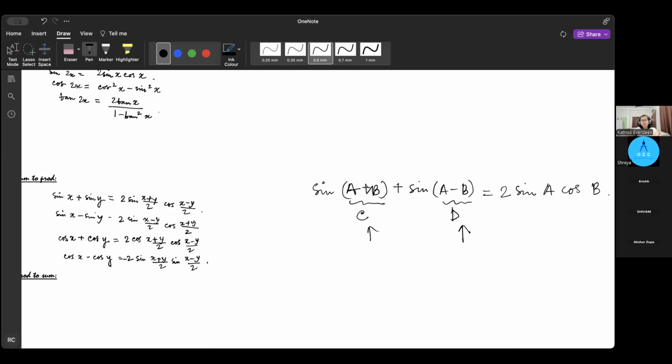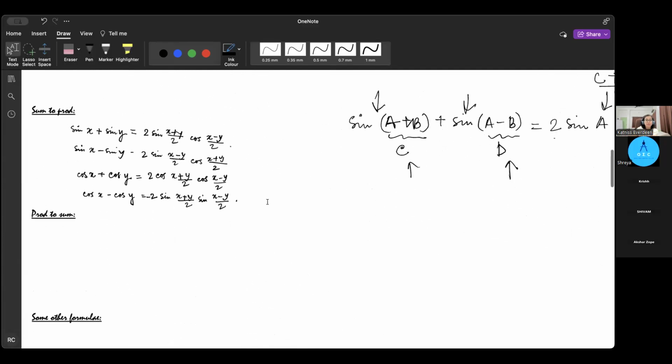So if you do that, then you'll get sine C plus sine D's formula in terms of 2 sine something, cos something. If you solve for A and B in terms of C and D, A is going to be equal to C plus D by 2. This is very easy, you can just check it in a minute. And B is going to be equal to C minus D by 2. So that's essentially the way we derive it. Is that clear? Understood. Yeah.